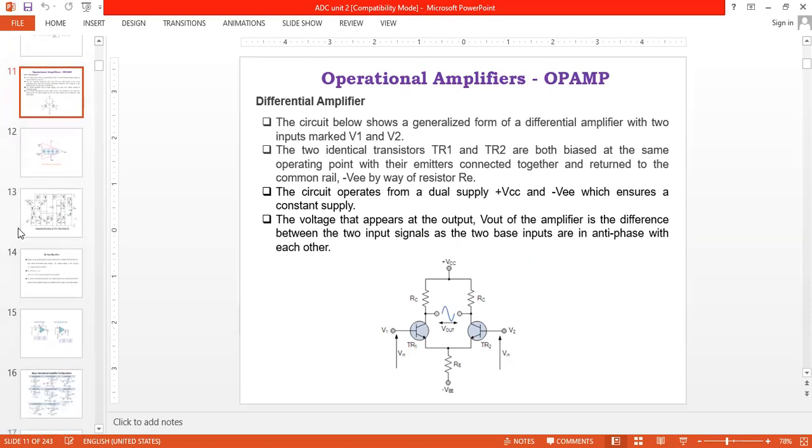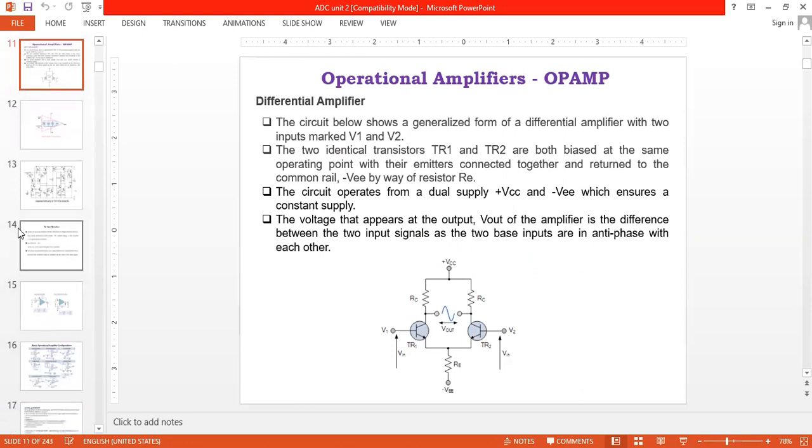The main circuit of the operational amplifier is the differential amplifier. The differential amplifier has two transistors connected with the two inputs, that is V1 and V2. So basically the op-amp amplifies the difference between the two input signals, that is V1 minus V2.